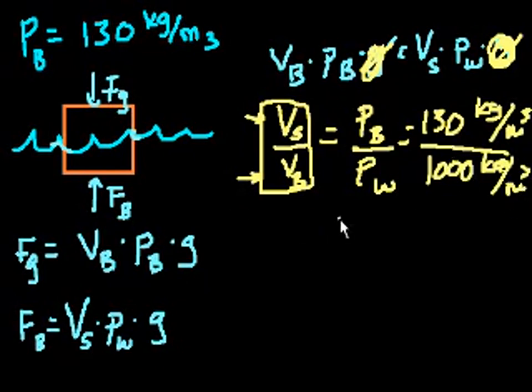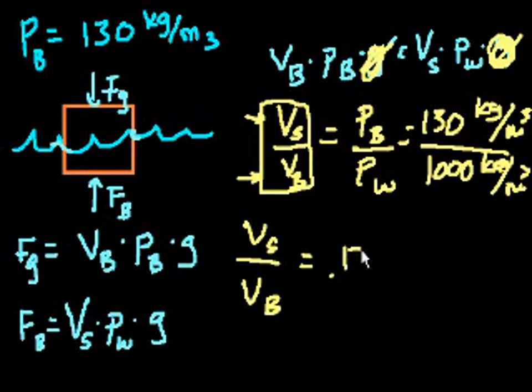So 130 divided by 1,000 is 0.13. So Vs over Vb is equal to 0.13, which is the same thing as 13%. So exactly 13% of this balsa wood block will be submerged into the water.